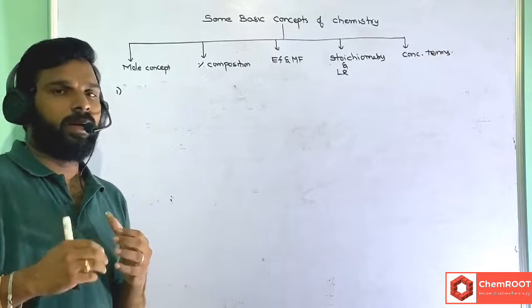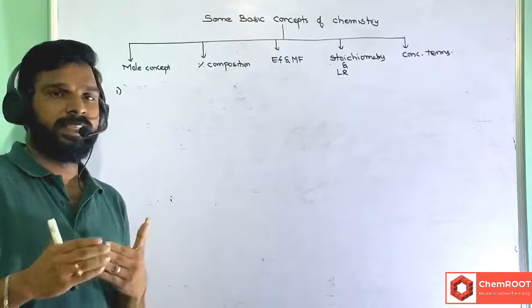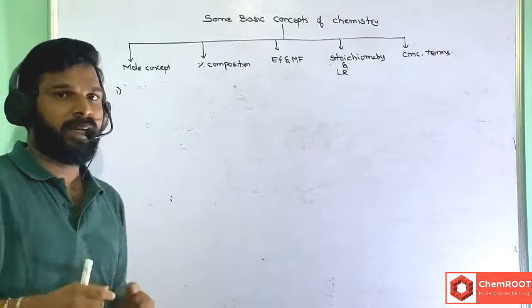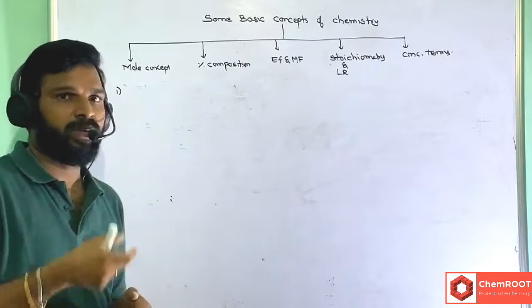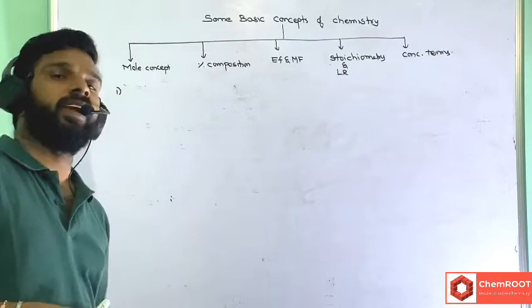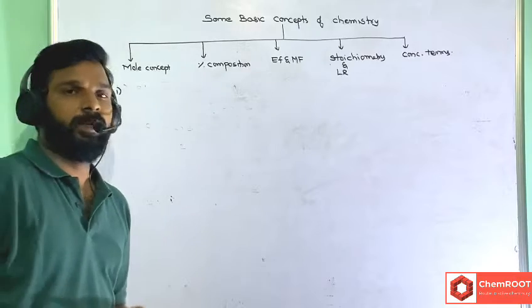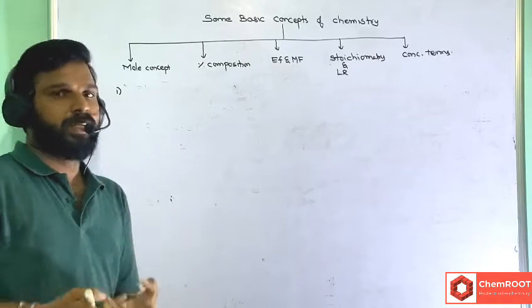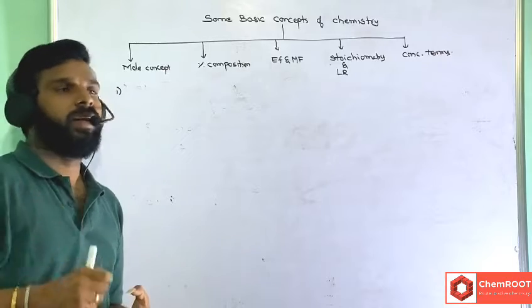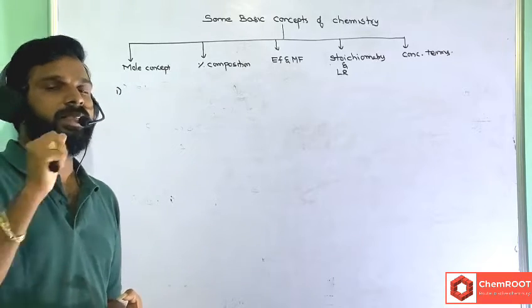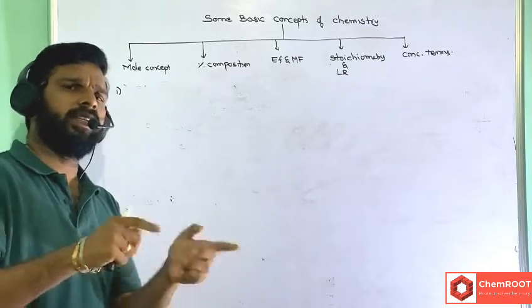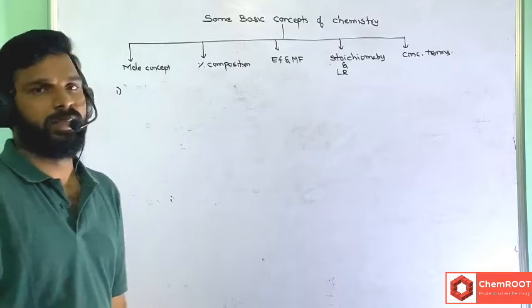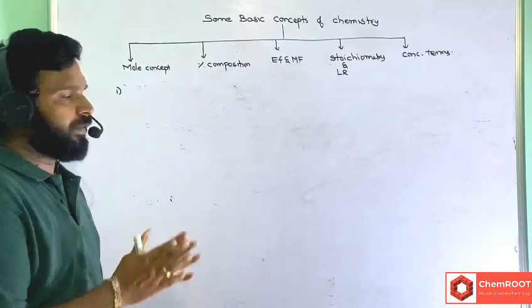The product is always limited by the reactant which is in lesser amount, or which is completely consumed in the reaction; that we call the limiting reagent. What is the limiting reagent? The reactant which is completely consumed in the reaction and limits the product formation. The other reagent we call the excess reagent.